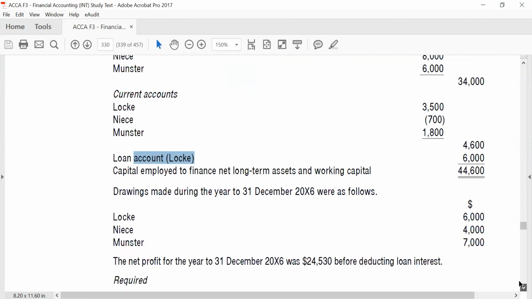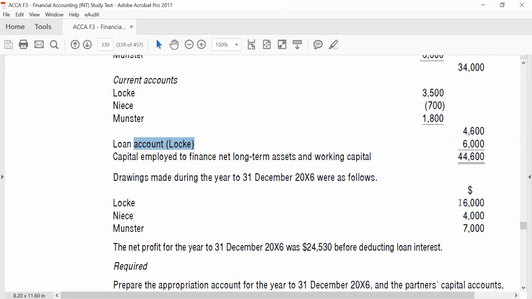That was capital employed. Now we also have the drawings. Drawings will not go in your appropriation account, but they rather go into the current account. So your current account has drawings in them.